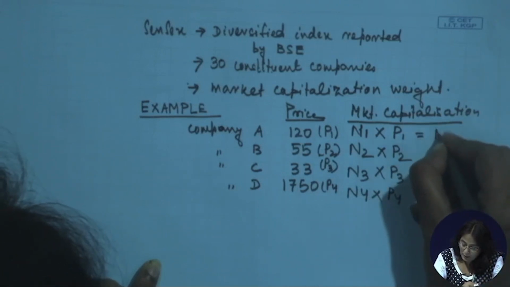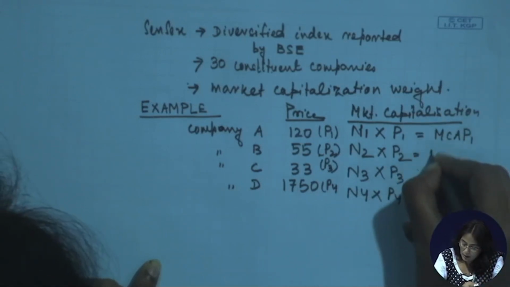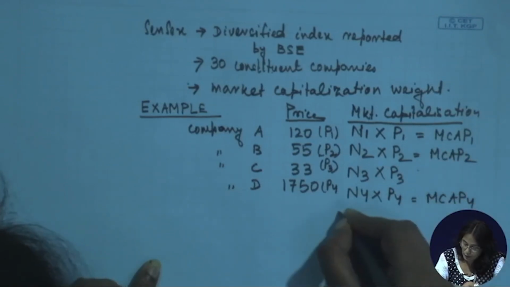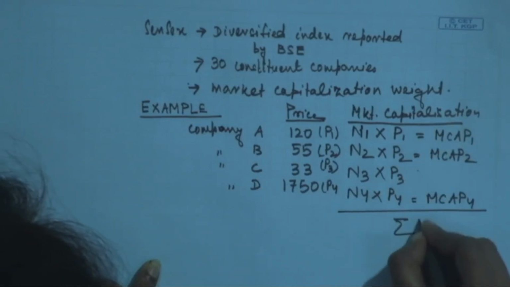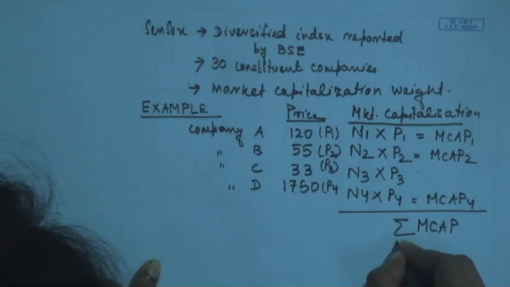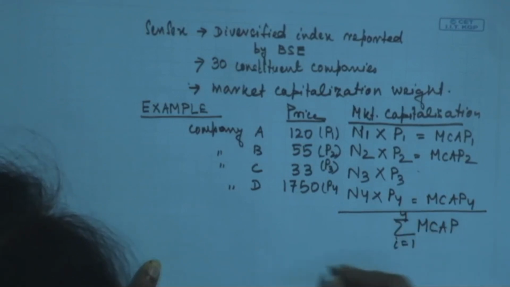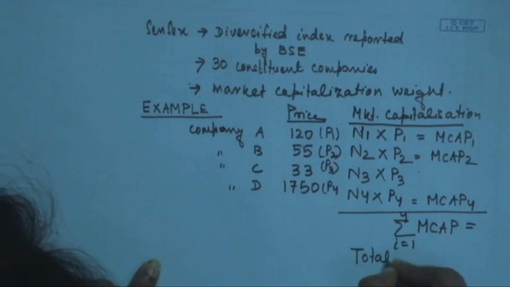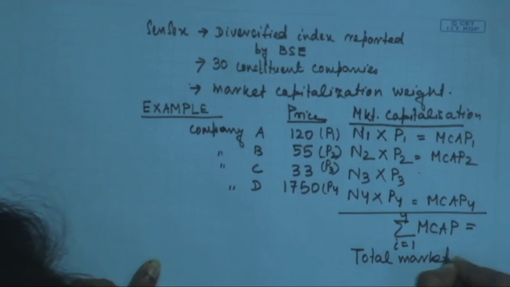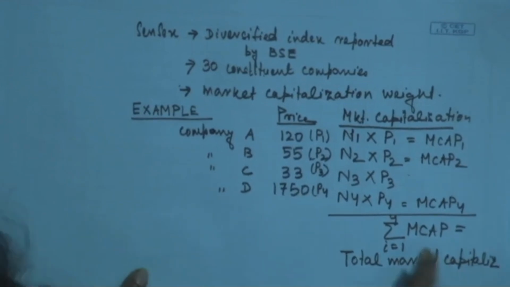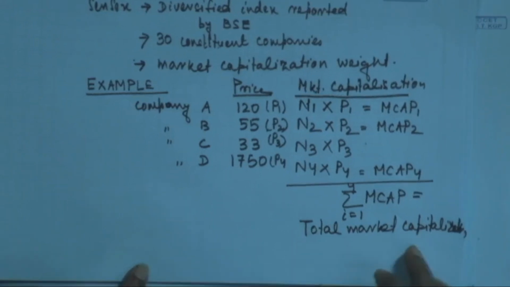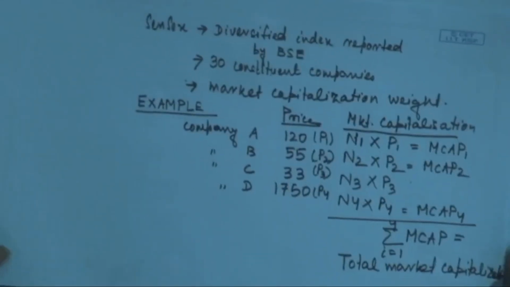Let's say M cap 1, M cap 2, so on and so forth, M cap 4, and we sum all these M caps. The sum of M cap i, for i equal to 1 to 4, is going to be the total market capitalization.